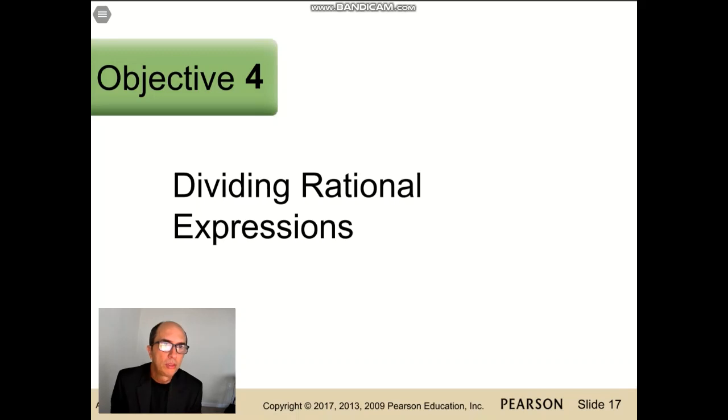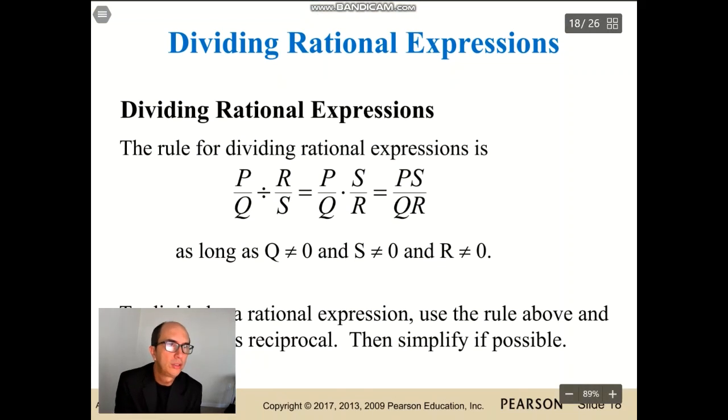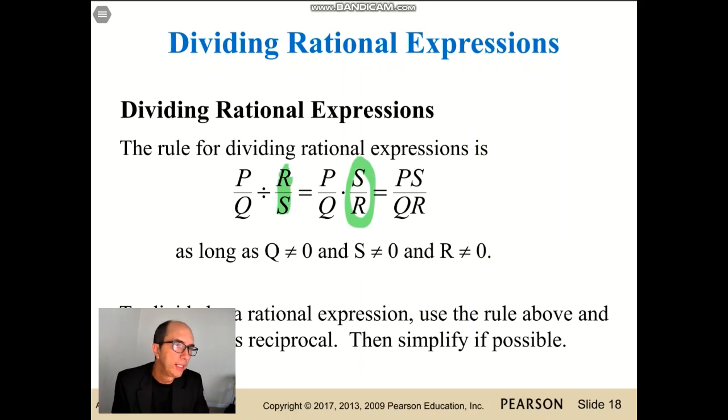Okay, moving on to the next objective, number 4, dividing rational expressions. Very interesting, because the rule for dividing rational expressions is this: P over Q divided by R over S is equal to P over Q multiplied by S over R. Now we just multiply the numerators, then multiply the denominators, and you have the result, as long as Q, S and R are different from 0.